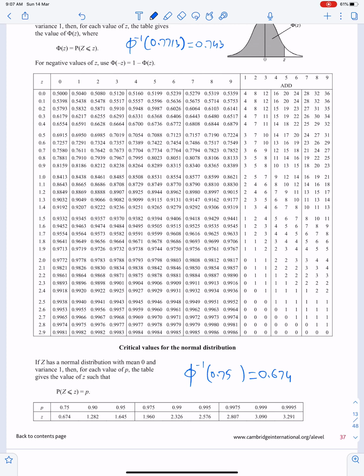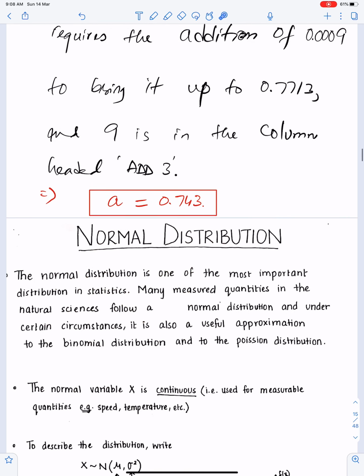So you can use this small section of the table for important critical values, the commonly used values for the normal distribution. We call them critical values in S2 in testing of hypothesis and in sampling. In S1, you can call them commonly used values.